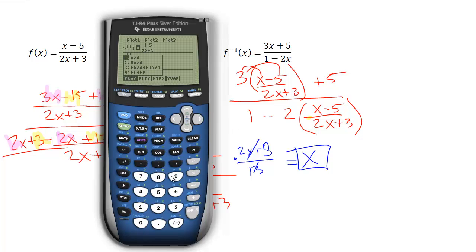And then 3x plus 5 over 1 minus 2x. And I'll leave this in there. So there's one of them.